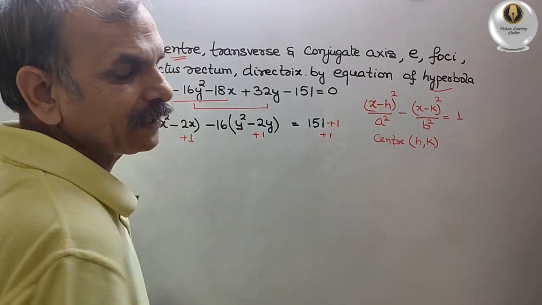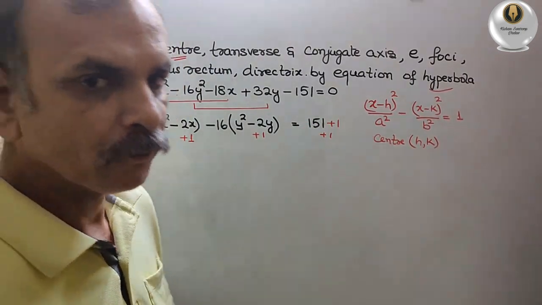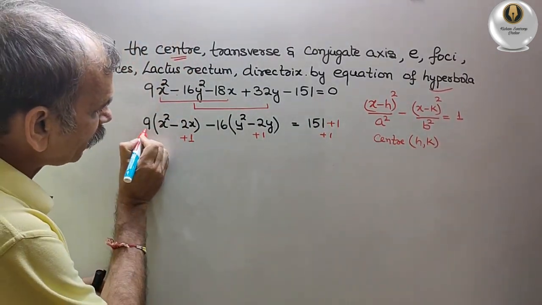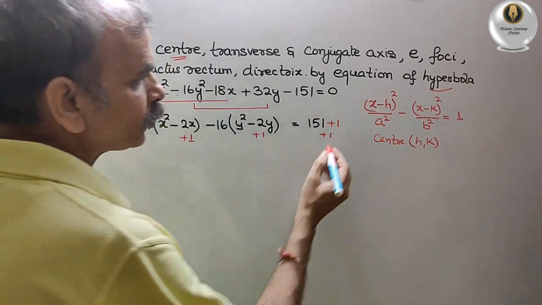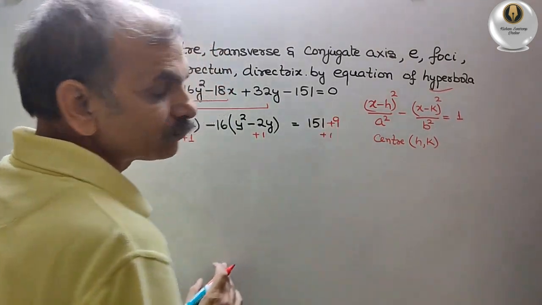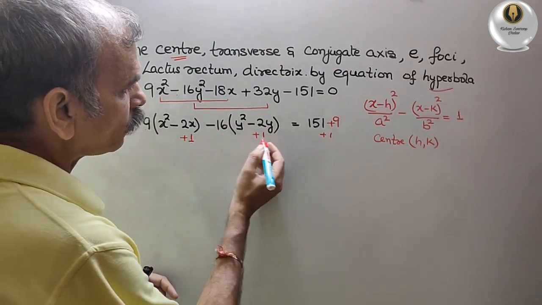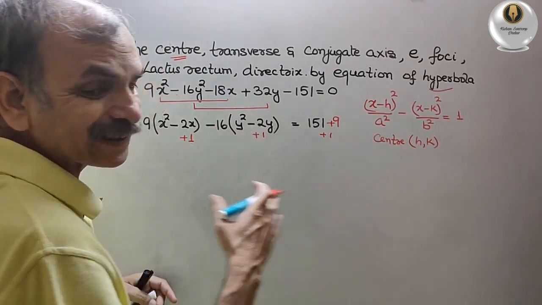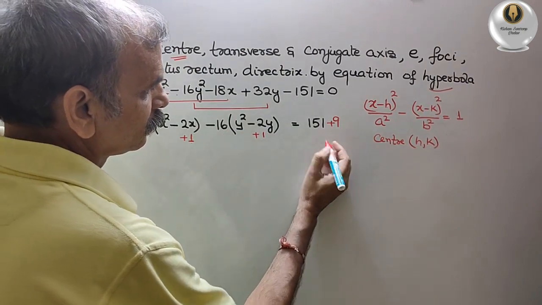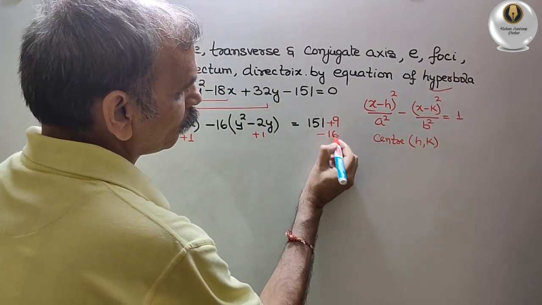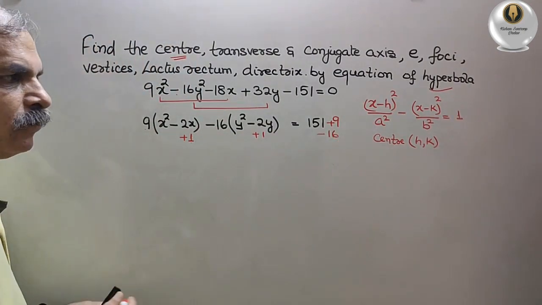But do not add just 1 on the right, why? Because it is multiplied by 9, we should add 9 there. And for the y terms we should add minus 16.